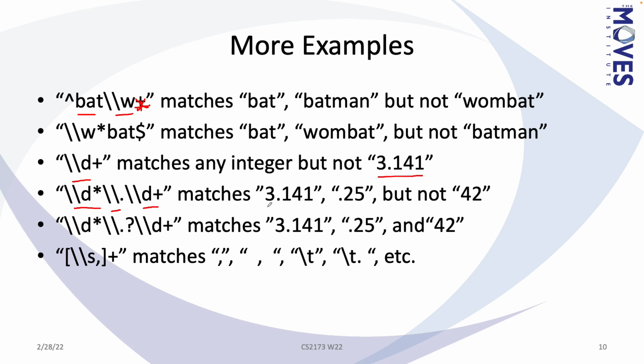So that will match 3.141, because it has zero or more digits, followed by a dot, followed by one or more numbers. It'll match 0.25, because I say zero or more digits beforehand, and it's got 0. That matches, and then a dot, there's the dot, and then one or more digits there. But it will not match this. Why? Because it doesn't have a dot.